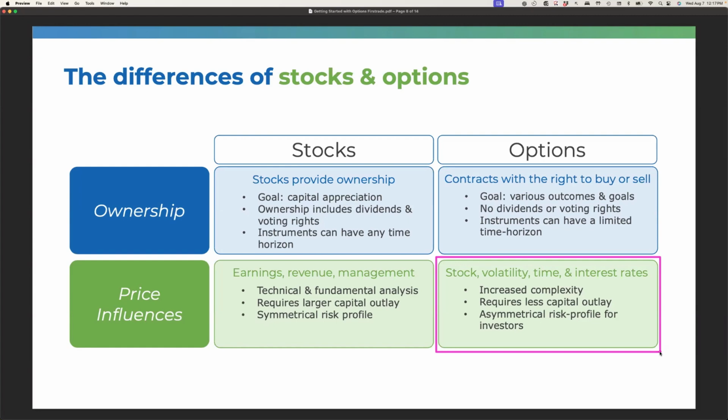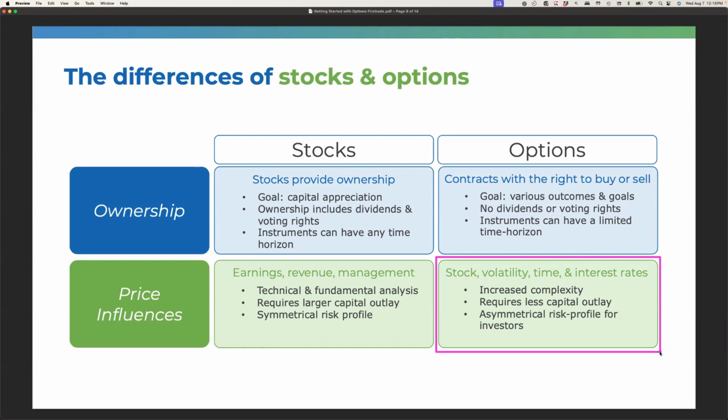But there are trade-offs with that. There are risks with that. There is what we call an asymmetrical risk profile, meaning if the trade goes in your favor, you'll see unlimited upside potential. But if the trade goes against you, you have limited risk. And that's really a fundamental part of options trading that attracts a lot of beginners, right?